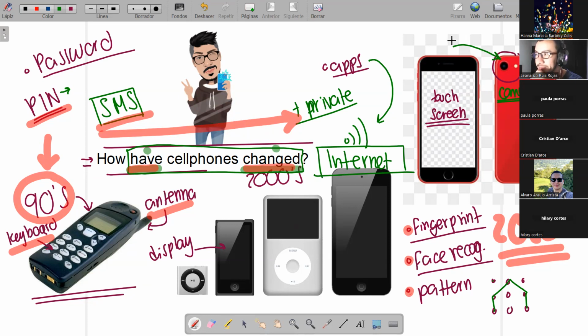Teacher, for example, yesterday I saw a video when some men use a band like a hologram when he can see all the options on his cell phone. Actually, Apple is already working on that, no?